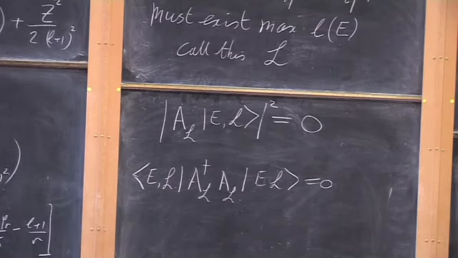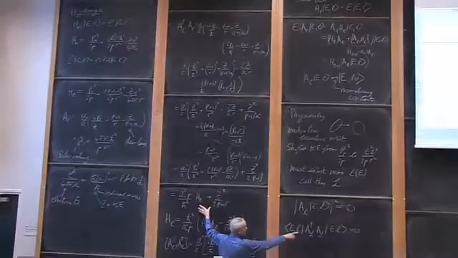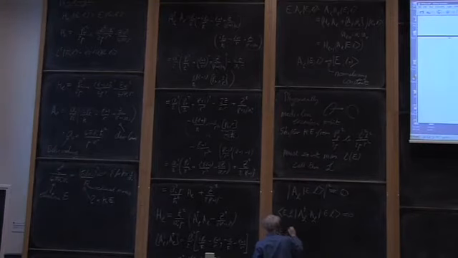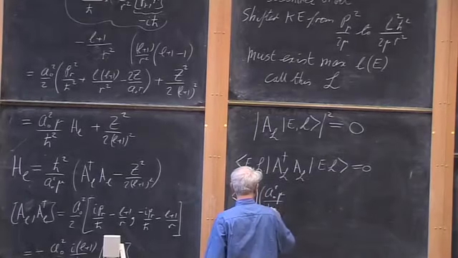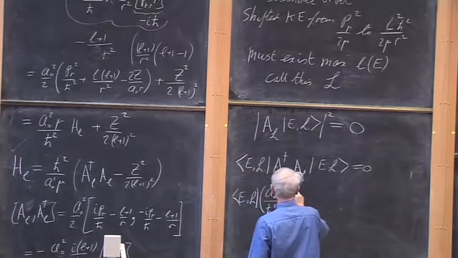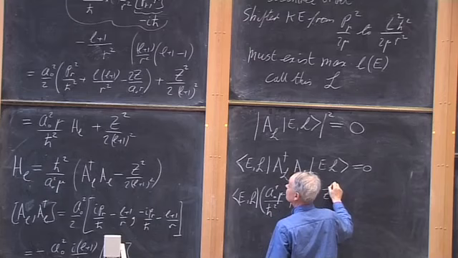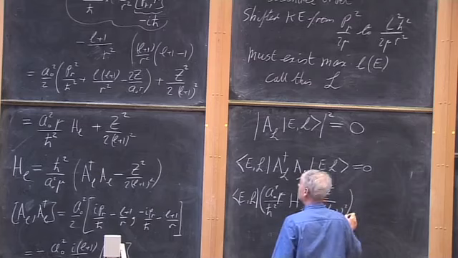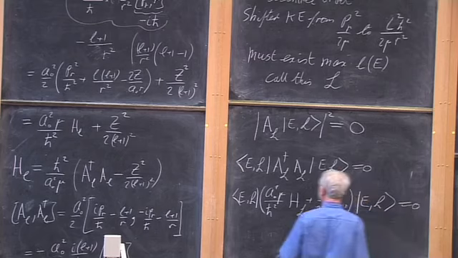All right, so we already have it here. So A dagger A comes right down to this line here. So this line here can replace the A dagger A in here. So we get to have that <E, curly L| a naught squared mu over h bar squared (H_curly L plus Z squared over 2 (curly L plus 1) squared) |E, curly L>, ain't much.